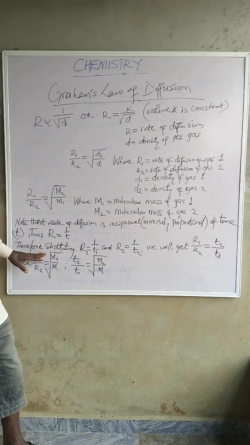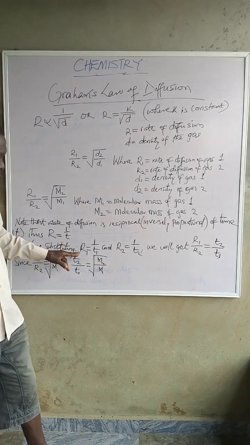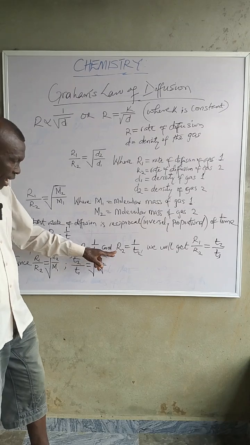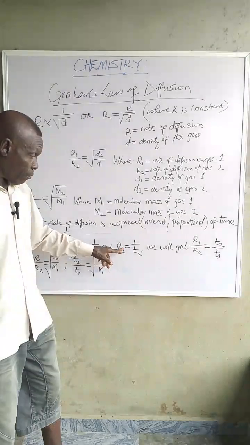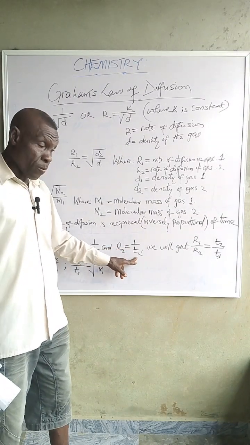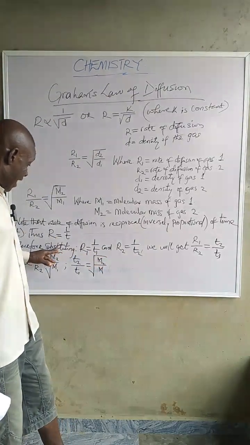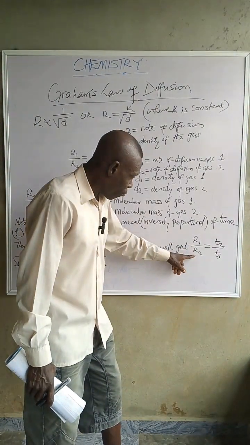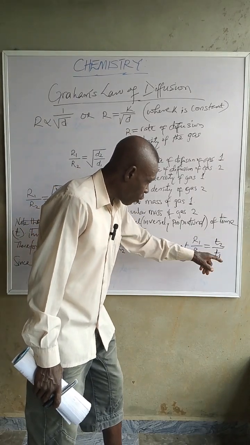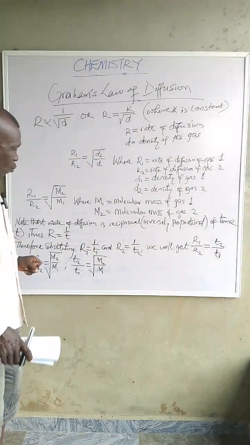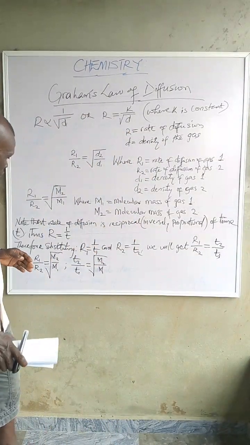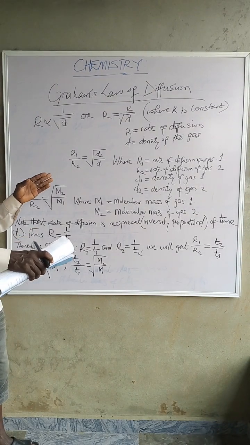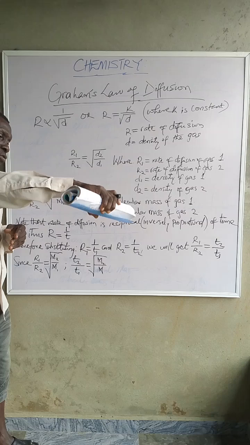Therefore, substituting that, R1 is equal to 1 over T1, and R2, that is the second gas, will be 1 over what? T2. If we substitute this in this equation, we will get R1 over R2 equal to T2 over T1. So when we have done that, we can come back to follow the law, inversely proportional to the square root.